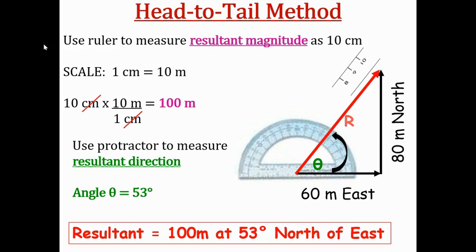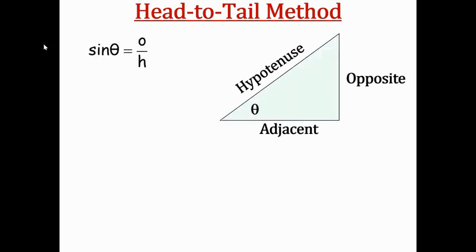So this practice problem is an example of using the head-to-tail method to add vectors graphically to scale. You could also solve this problem mathematically. Since we are looking at a right triangle, to solve for the angle, or if we have the angle and need to solve for any one of the sides, we could use trig.